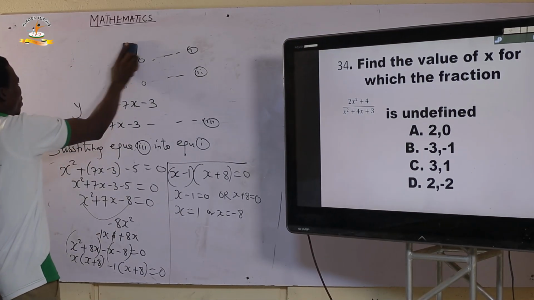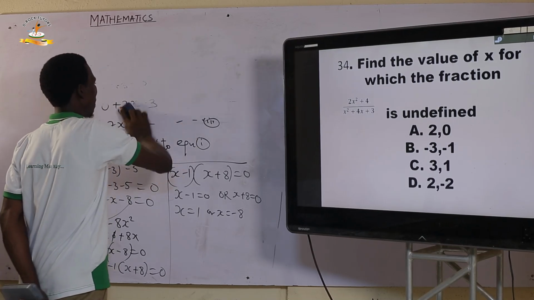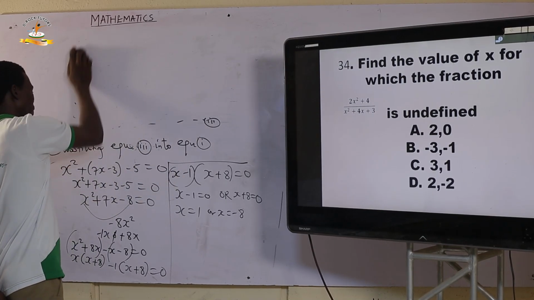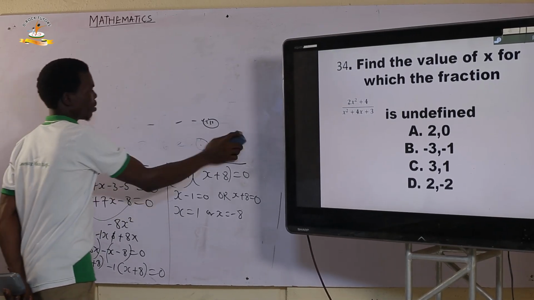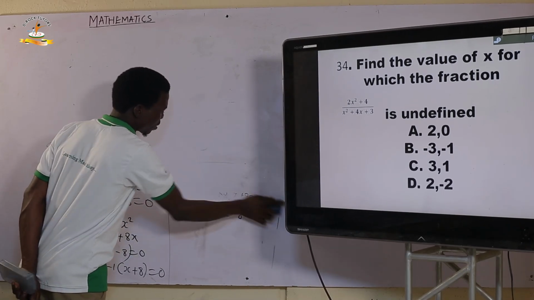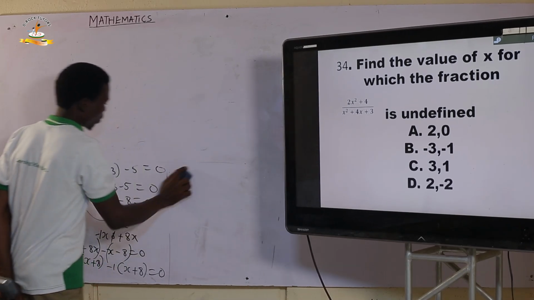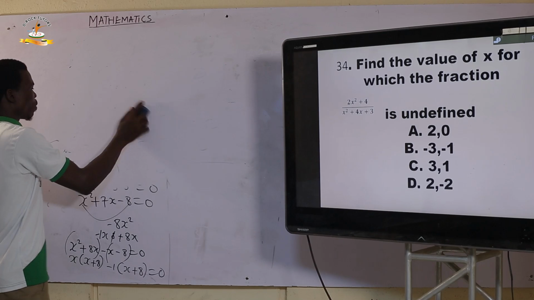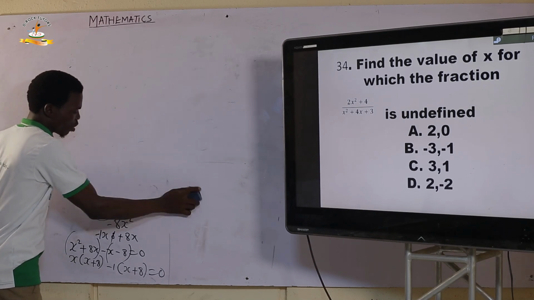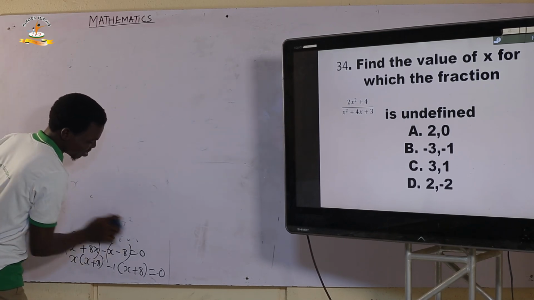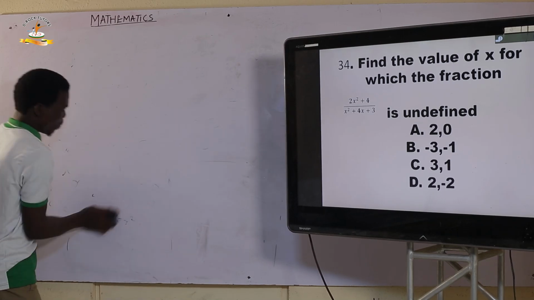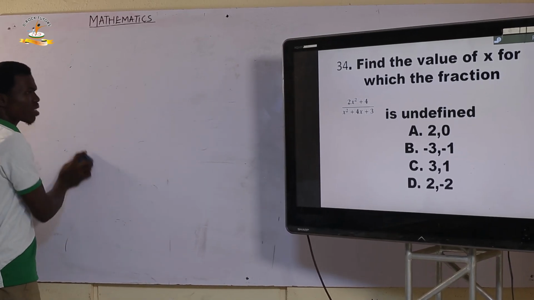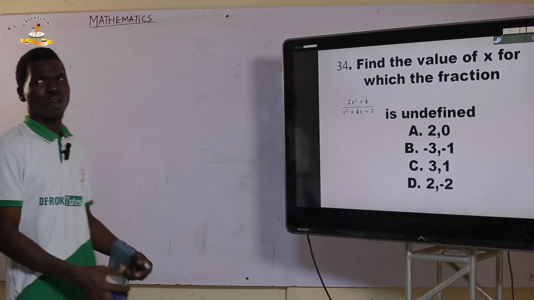So let's see how to go about this. 0 is undefined in mathematics, so we are interpreting the question as if it asks us to find the value for which the denominator equals 0.